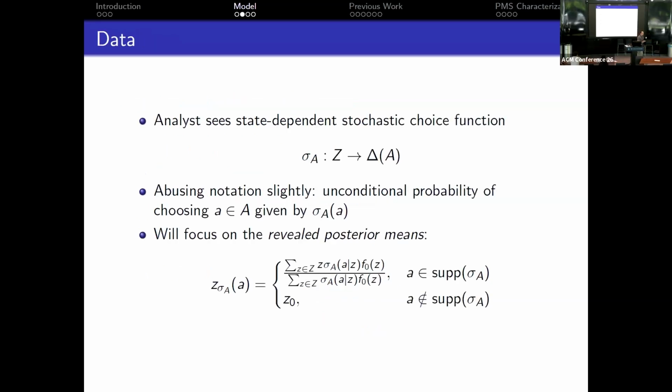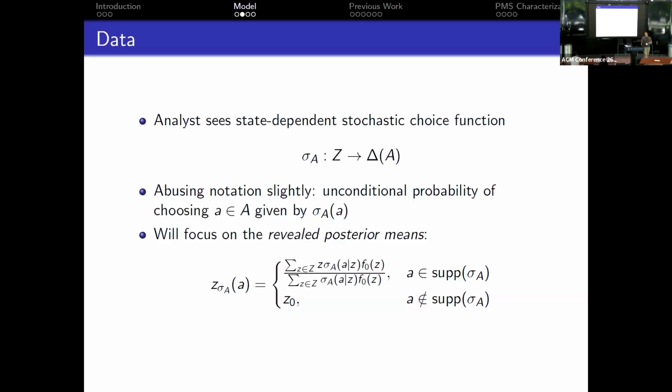Now, let's talk about the data that the analyst observes beyond this. The analyst sees all these primitives of the model. They're trying to think about what sort of process the decision maker is going through in order to generate this particular pattern of choice. So what the analyst sees beyond this is a state-dependent stochastic choice function given by sigma A, which is a conditional probability distribution from states of the world to actions.